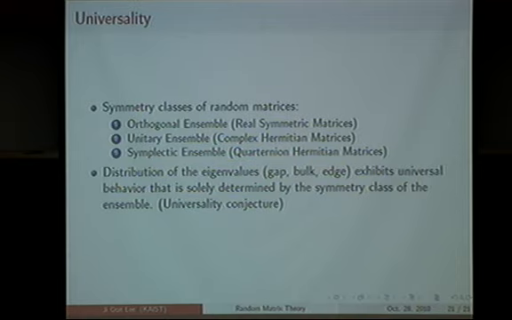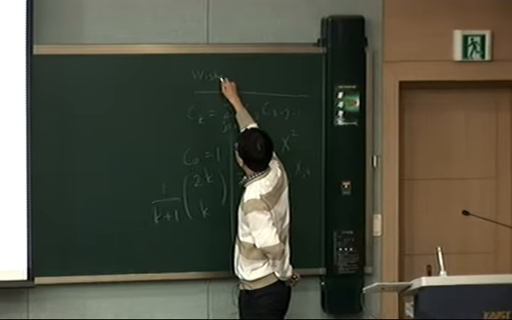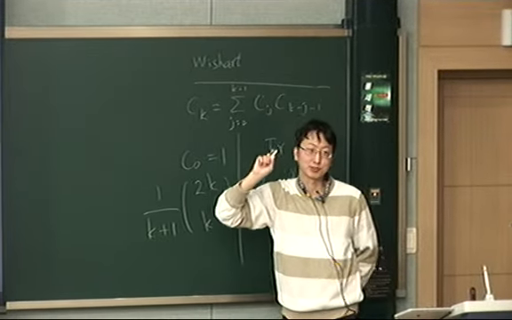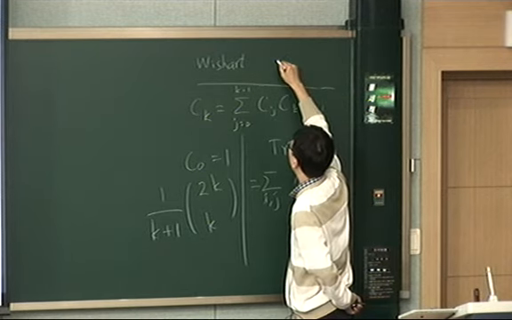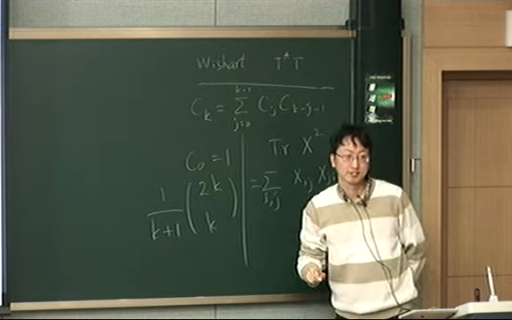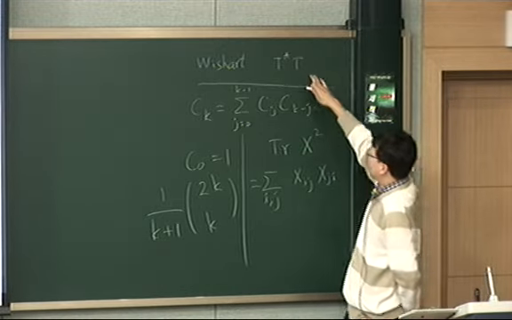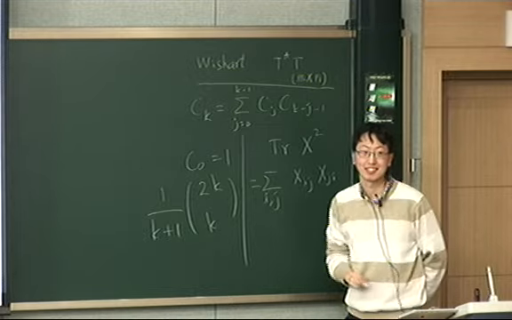I didn't write it here, but you can consider, for example, Wishart, who was the first one who considered the Wishart ensemble in random matrix theory, which is of the form T star T. T is a random matrix, but not a square random matrix.